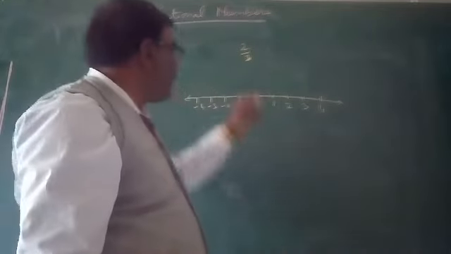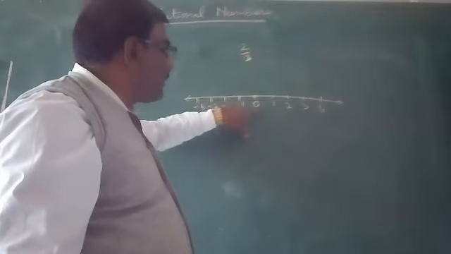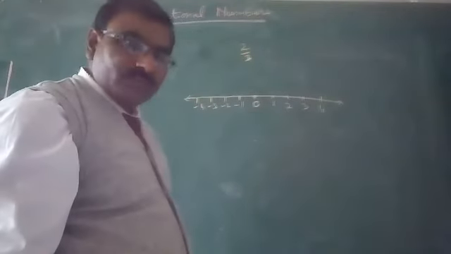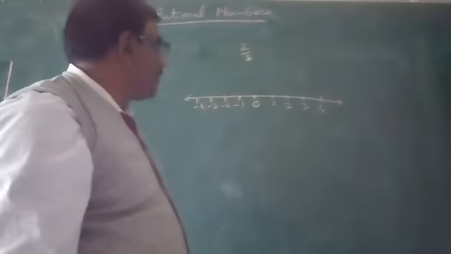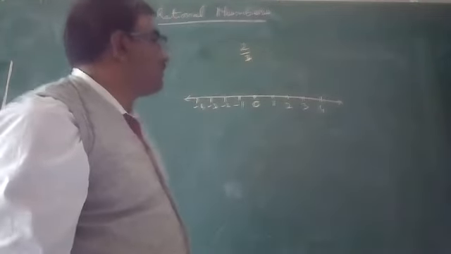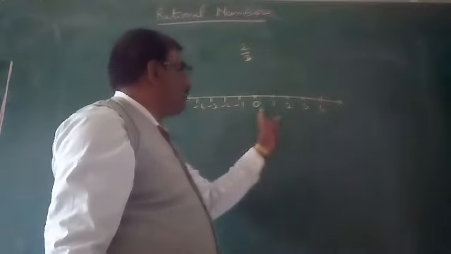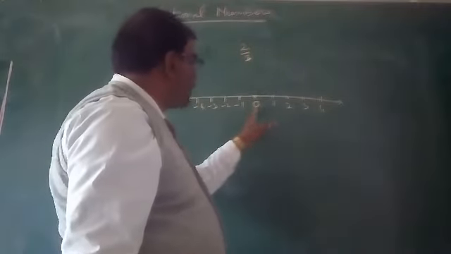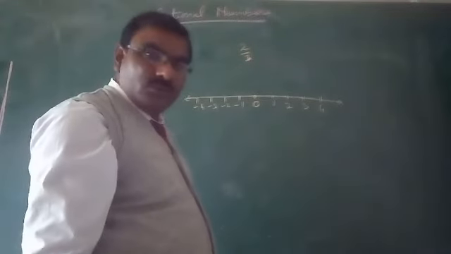It means this number will be located between 0 and 1. But where is it located? Then we divide the space between 0 and 1 into 3 parts. What is 3?